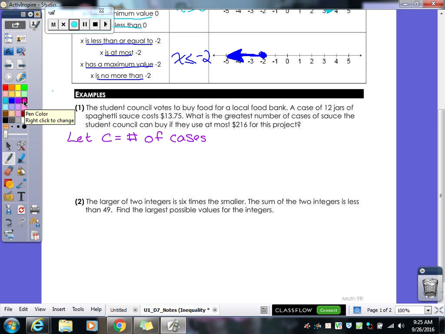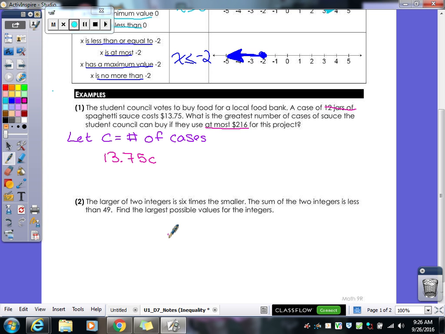Now the fact that there's 12 jars in a case, did we even need to know that? No, that's extra information. We can just cross that out. So how much does each case cost? $13.75C. They can use at most 216.